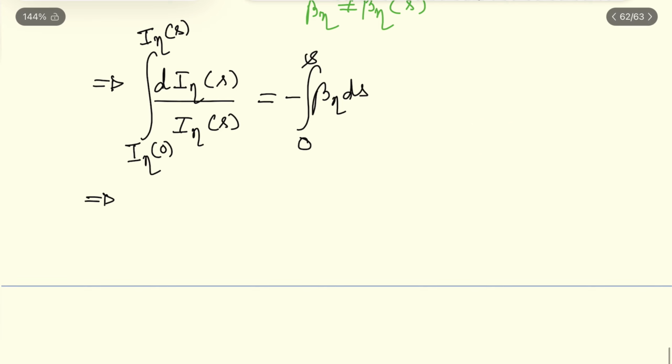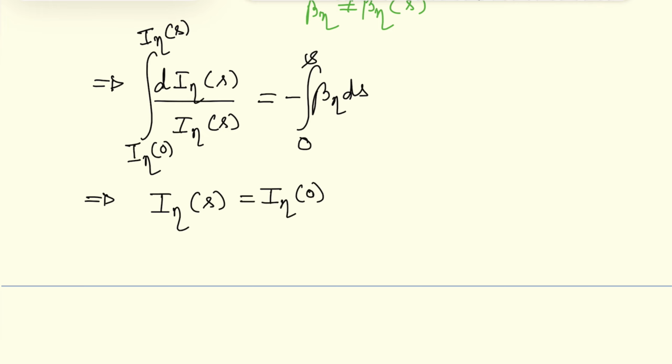So I can directly write Iηs is equal to Iη0 e to the power minus this term.